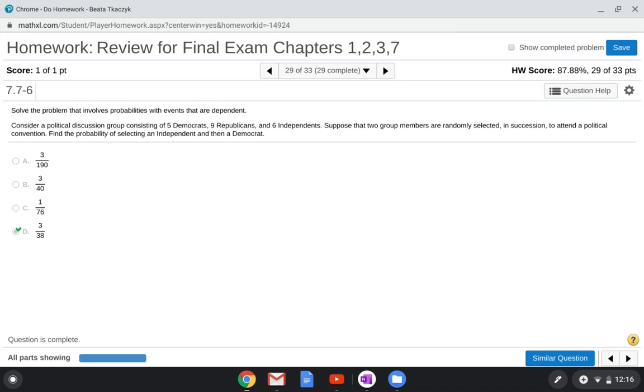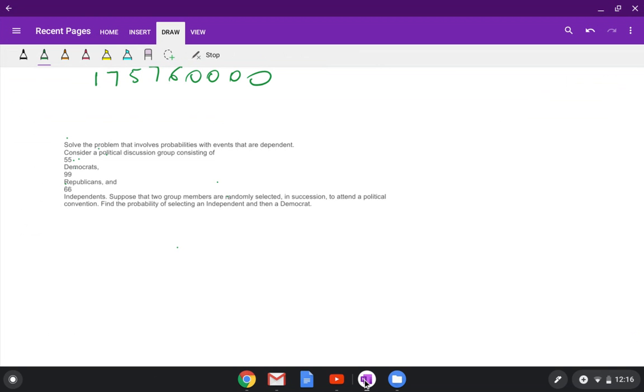So we have 5 Democrats, 9 Republicans, 6 Independent. So together we have 20 people. We need to find the probability of selecting Independent and then Democrat. First of all, in probability, the word "and" means multiplication. Let me show you how to do that.